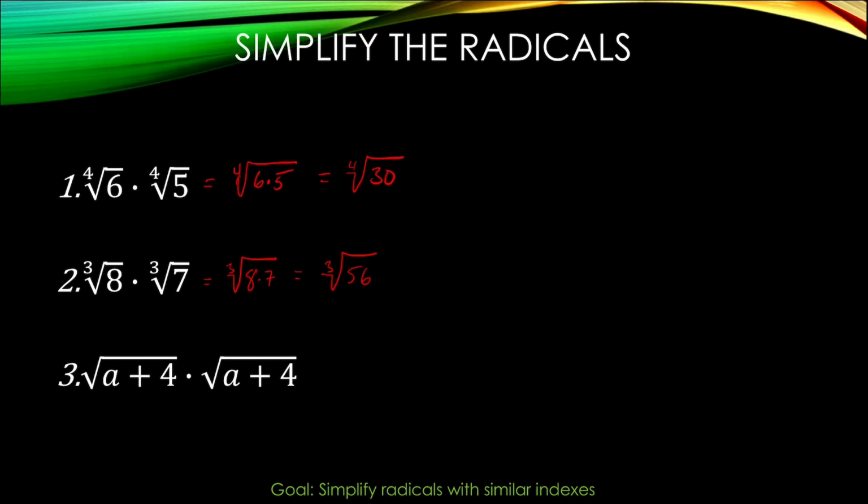That's not going to simplify at all. Here I have the square root of a plus 4 squared. Notice I have a square root. My index number and my exponent are the same, so that will simplify to be a plus 4.